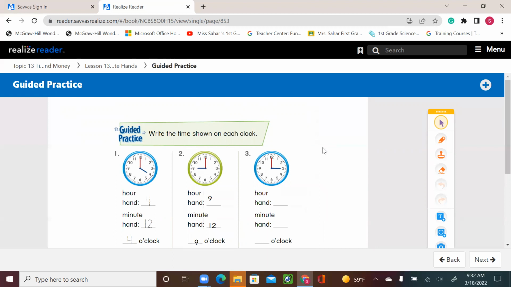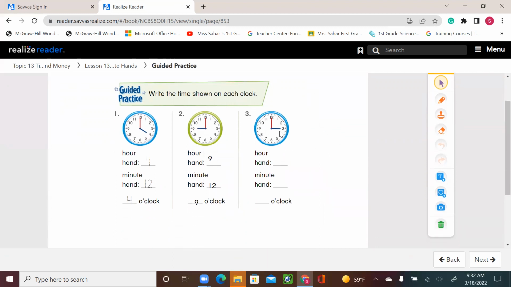All right, let's go to number 3. Again, the short hand is the hour hand. The long hand is the minute hand. So the short hand is pointing to 3, that's the hour hand. Let's write down 3. And again, the long hand, or the minute hand, is pointing to 12. So I'm going to write 12. If the hour hand is pointing to 3 and the minute hand is pointing to 12, so it's 3 o'clock.